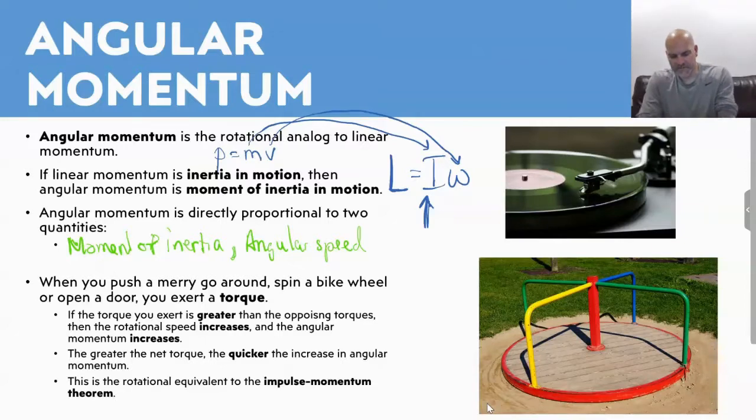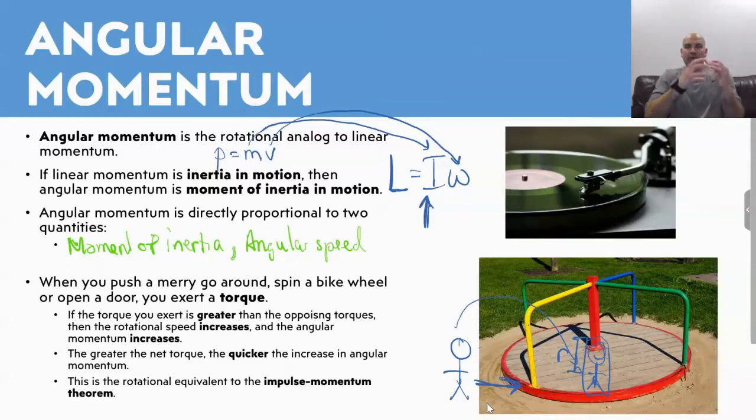So if I have a person running towards this merry-go-round, right, and they're going to jump onto the merry-go-round and sit at a distance r, right, from that center. Okay, so that person we can treat as just a point mass or a point object out at that distance.